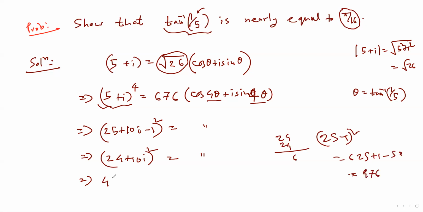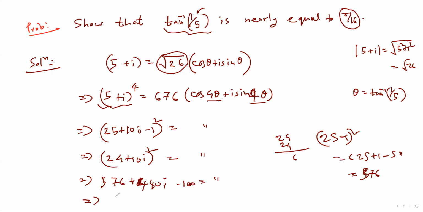So we have 576 here, plus 2 into 240, which is 480I, minus 10 square, which is 100, because I square is minus 1. The right-hand side remains the same.